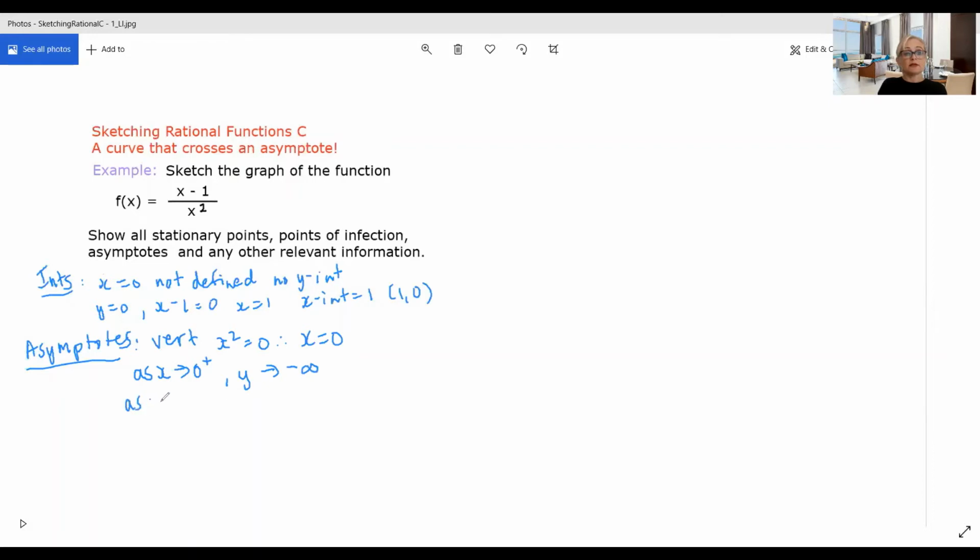As x is tending towards 0 from below, well, again, the numerator is going to be negative and the denominator is going to be an extremely small positive number, because if you're squaring an extremely small negative number, you get an extremely small positive number. So in this case, we're also going to be tending towards negative infinity. So that is a vertical asymptote.